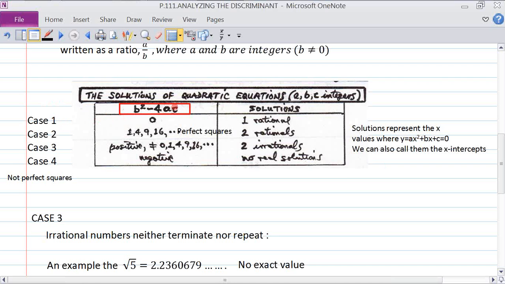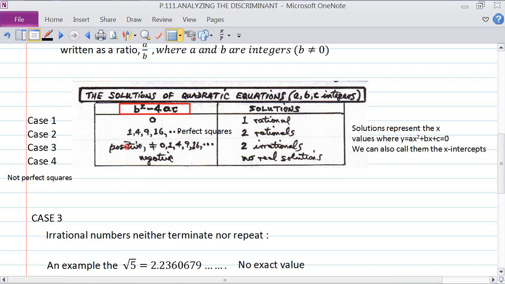If b squared minus 4ac equals 0, there's only going to be one value of x that's going to work. If you have case 2 where it's a perfect square, b squared minus 4ac is 1, 4, 9, 16, 25, 36, etc., we're going to see 2 rational solutions.